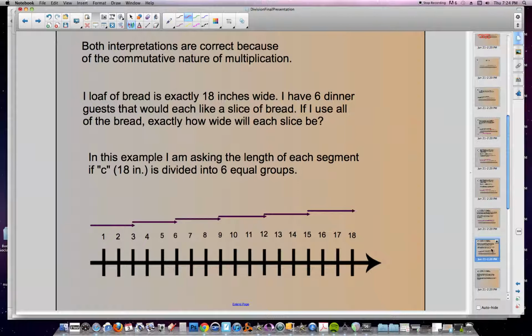In this example, I have the quantity, 6 people, and I'm trying to figure out how wide to cut the bread. Well, the answer's still going to be the same, but my approach is different. I say, okay, if I divide 18 into 6 segments, how wide will each segment be? And if we look down here, we can see that's 3 inches, that's 3 inches, and I have 6 slices, so each slice needs to be 3 inches wide.